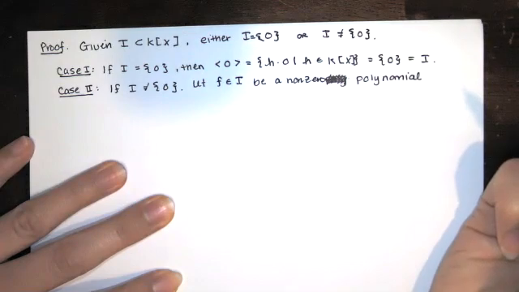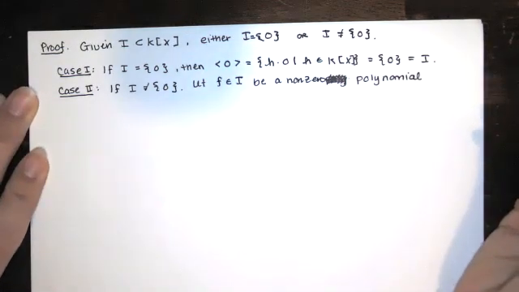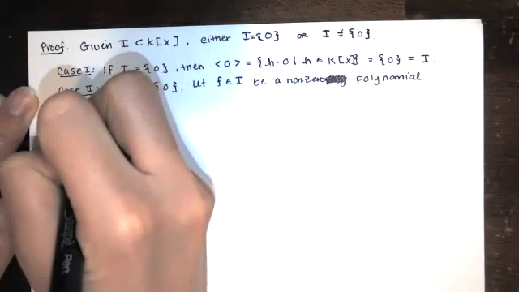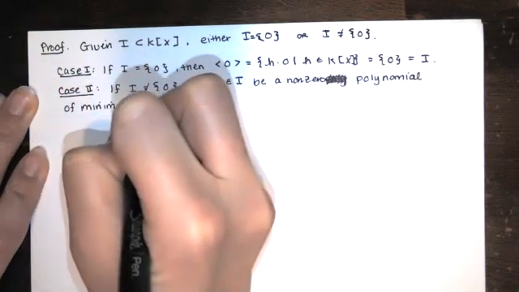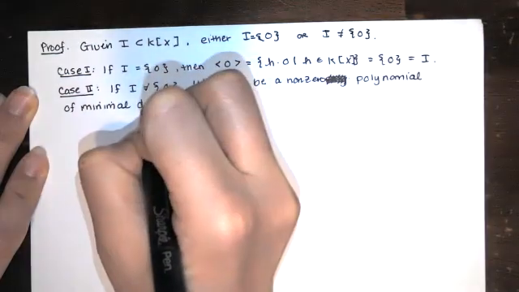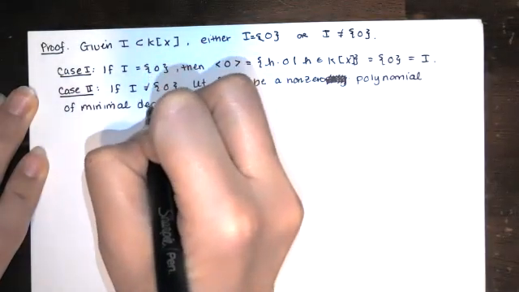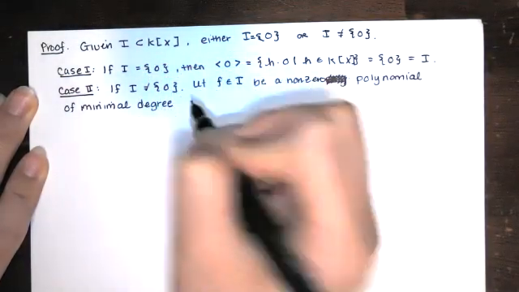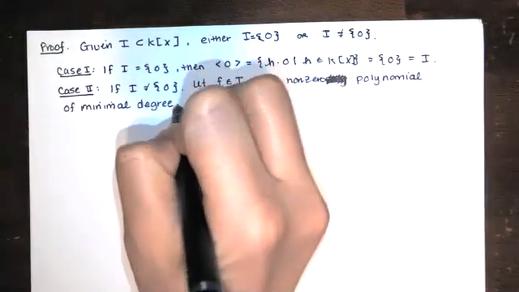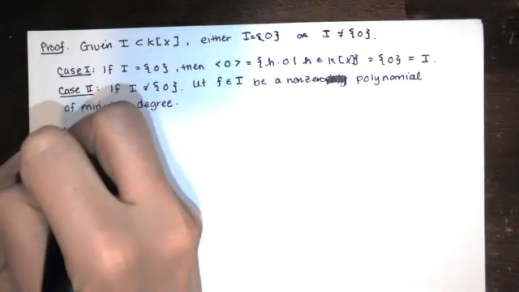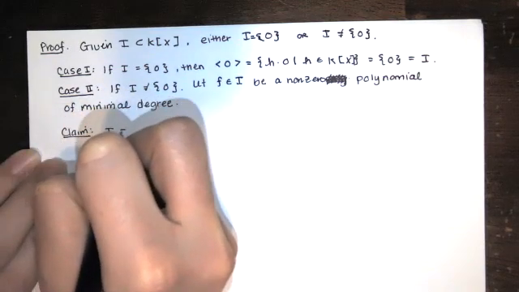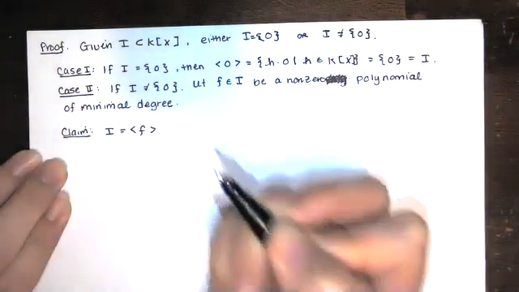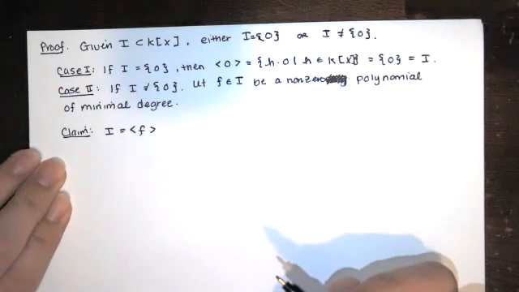And we want it to be a non-zero polynomial of minimal degree. So we want a polynomial in I of the smallest degree possible. Then our claim is that I is actually generated by that non-zero polynomial of minimal degree.